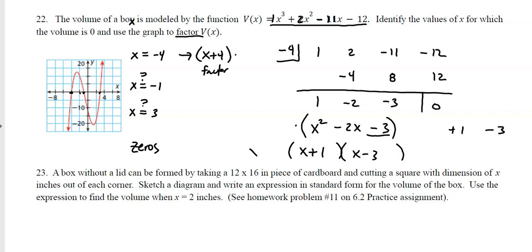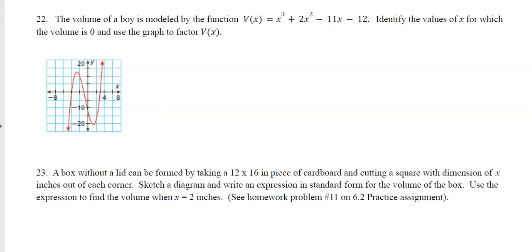I have my x plus 4 that came from the graph. And then these other 2 came from doing my division, but they were kind of what I suspected. It looks like it was verified that we did cross a 0 at negative 1, and we did cross a 0 at positive 3, which will give me a factor of x minus 3. So zeros do give you factors. A table could also verify that.